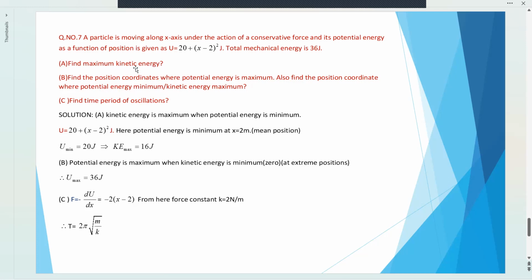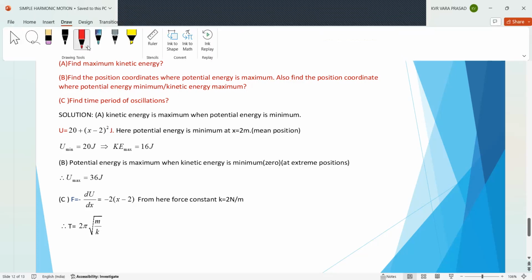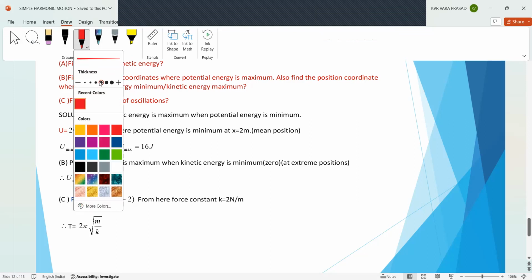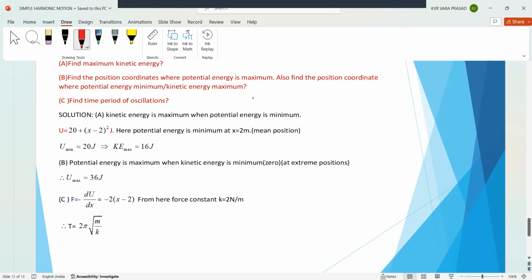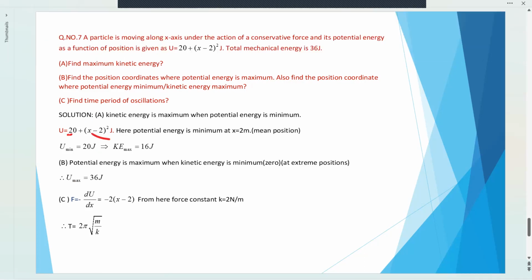See, first one: kinetic energy is maximum when potential energy is minimum. You can see the given function is 20 plus (x minus 2) whole square, and this will be minimum when x equal to 2.